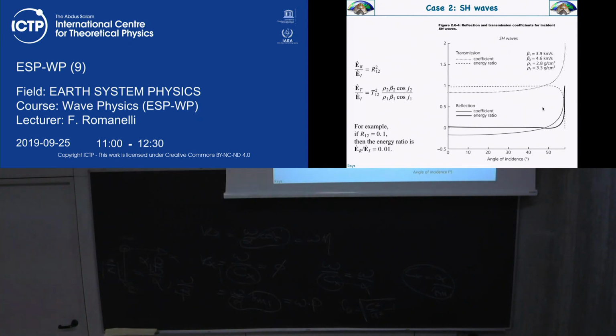Let's give a look to the numbers here. Now we have two media with different velocities and different densities. These values here are typically representative of the crust over mantle boundary. Let's give a look to the numbers. 3.9, 4.6.